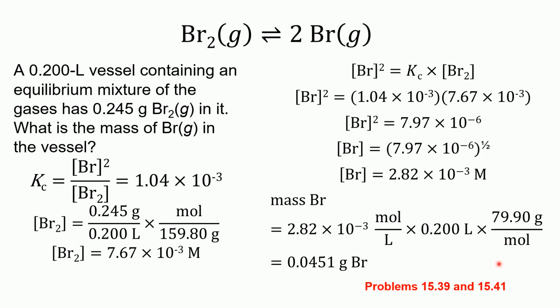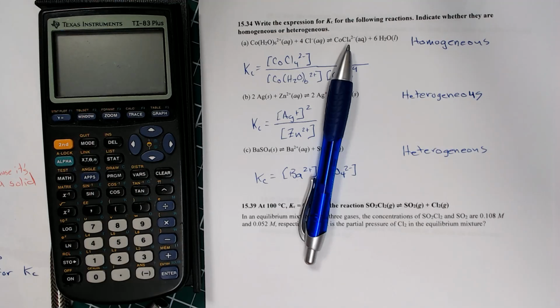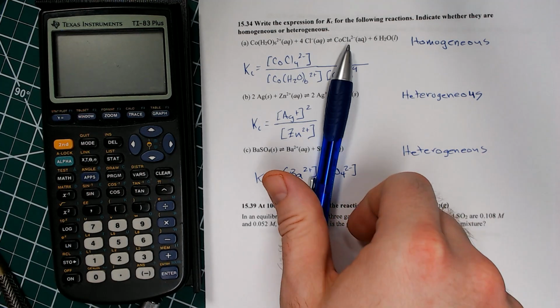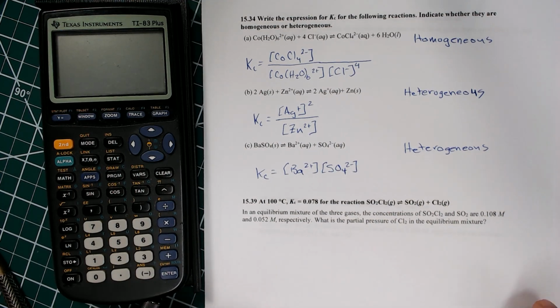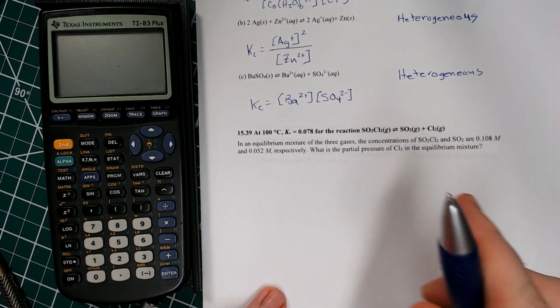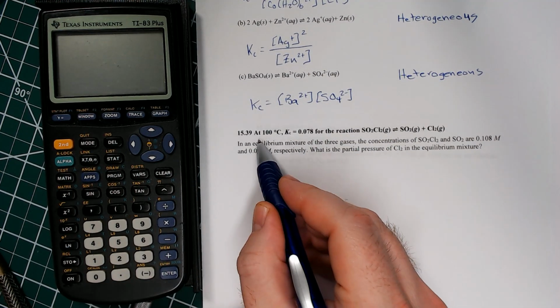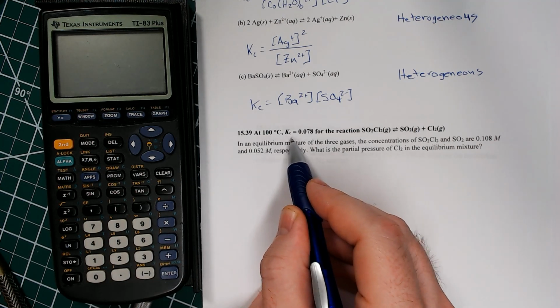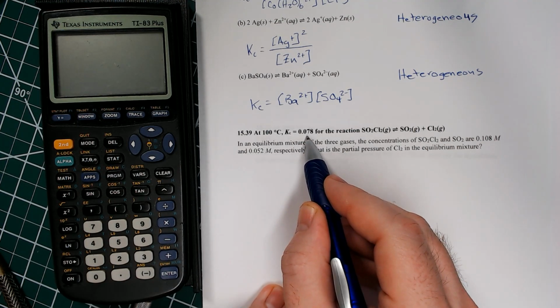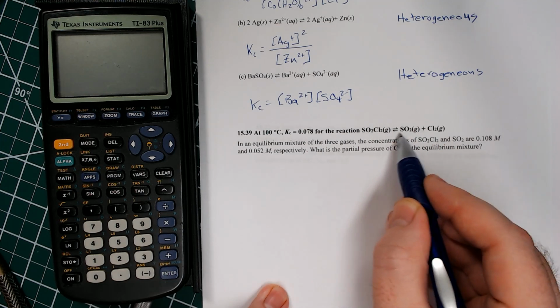All right, well now let's look at number 39 and 41. So with number 39 and 41, we'll start with 39. And when we look at this, here is our setup, 100 degrees Celsius, Kc is 0.078 for this reaction.